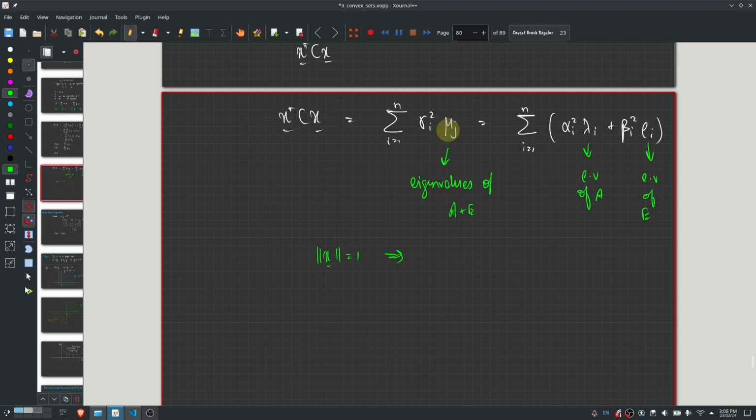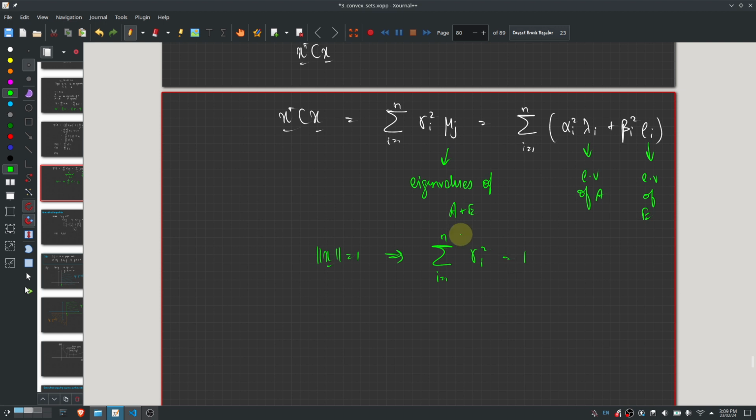So now suppose we actually chose x to be, let's say, the eigenvector corresponding to the minimum eigenvalue of A plus E. Okay, then what would this be equal to? Or okay, let me get something even more general. So what I know is that summation i equal to 1 to n gamma i square is equal to 1.